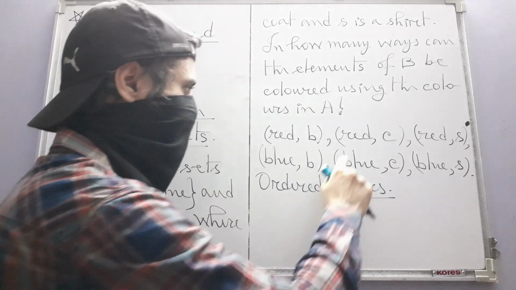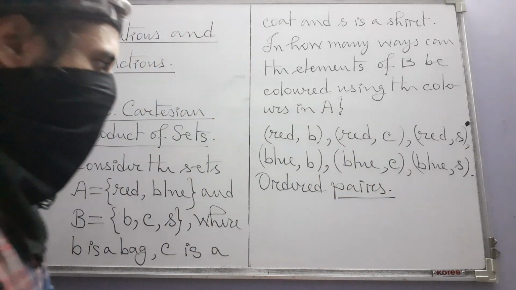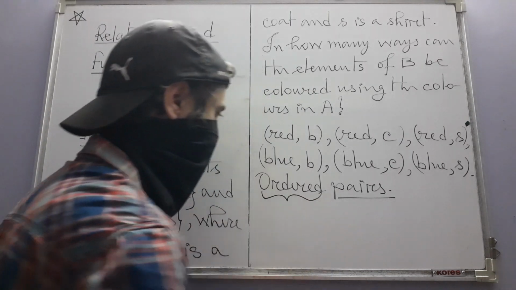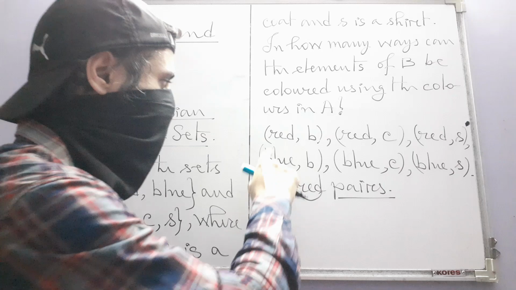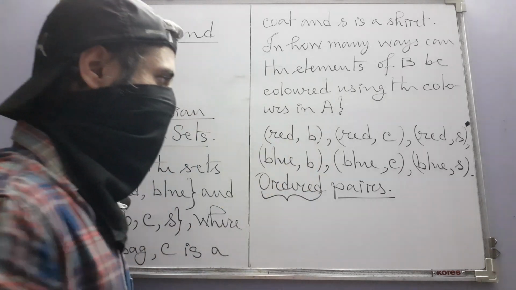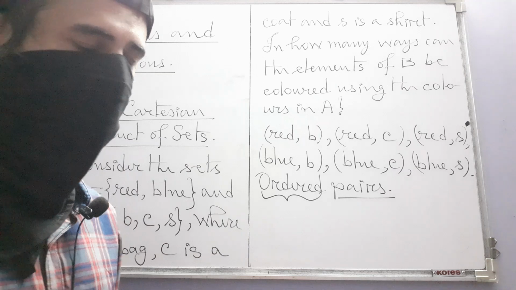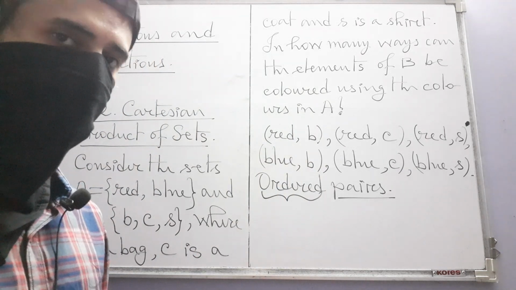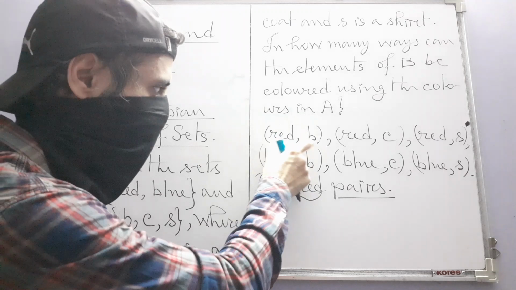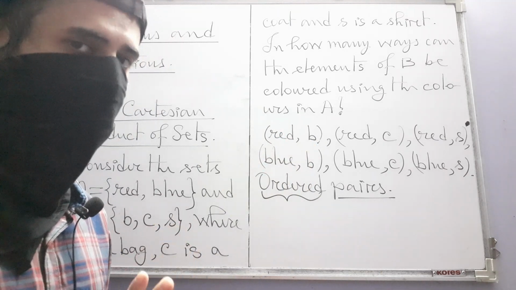The second pair also has two objects. But what about this ordered? These are ordered pairs because the order in which we write these elements is now important, and that is why it is not exactly a set. It's an object. It is something that looks like a set, but actually it's not a set.